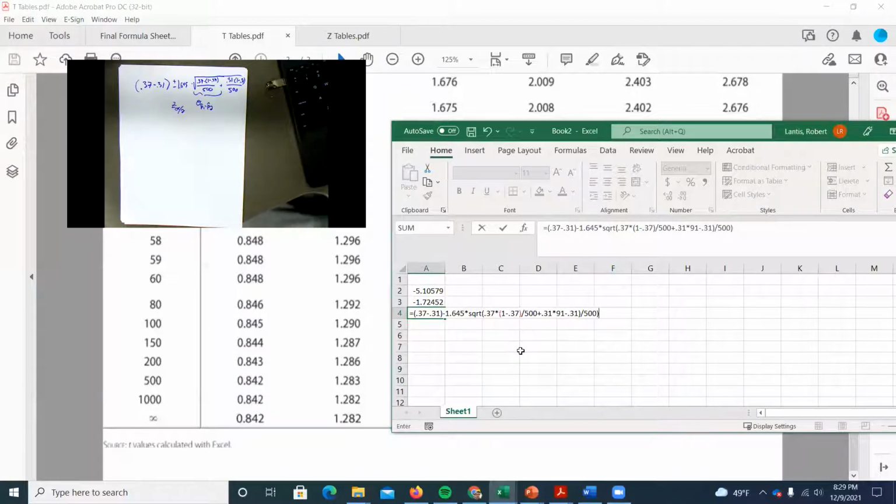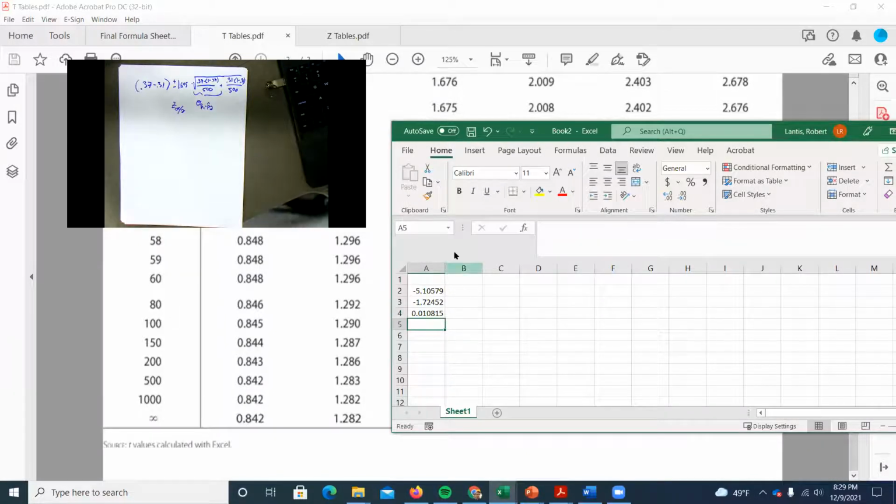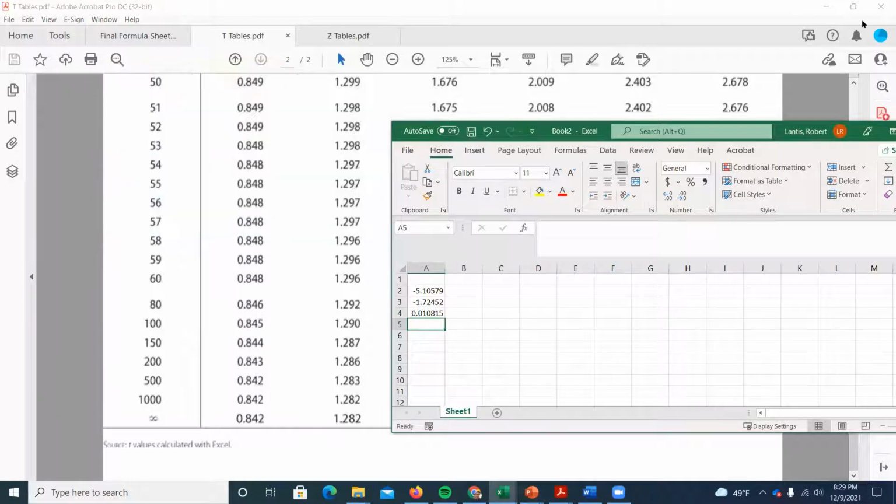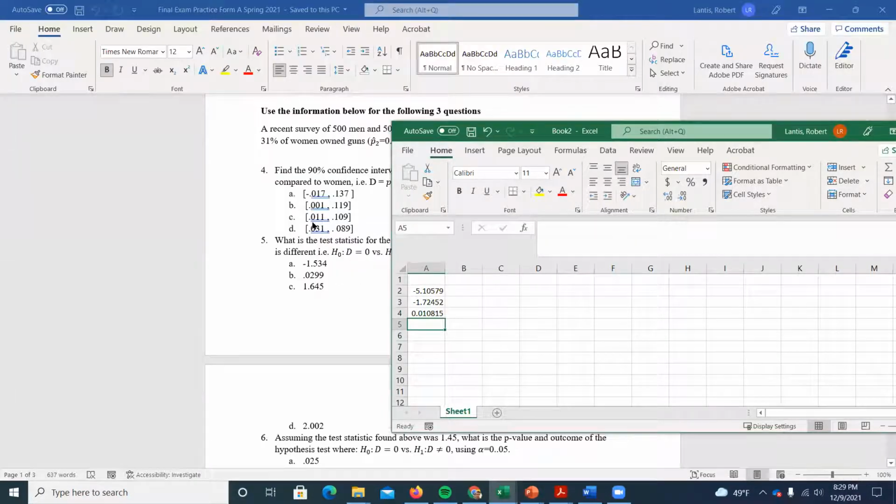That should give me my lower bound, okay? So 0.0108, I can probably identify the correct answer just based off of that. 0.0108 rounded to the third decimal will be that 0.011.